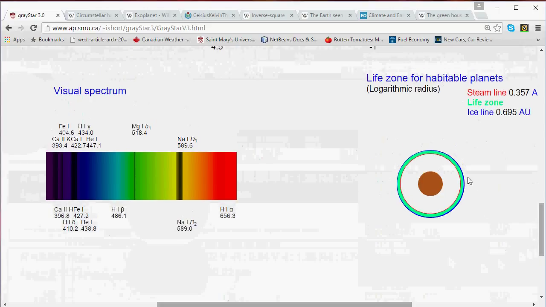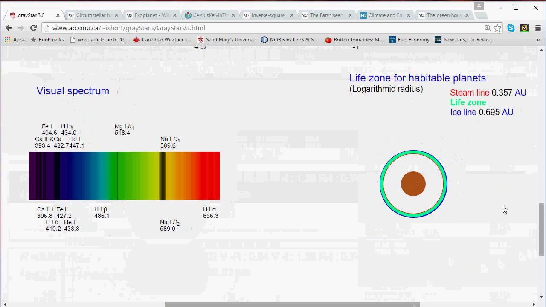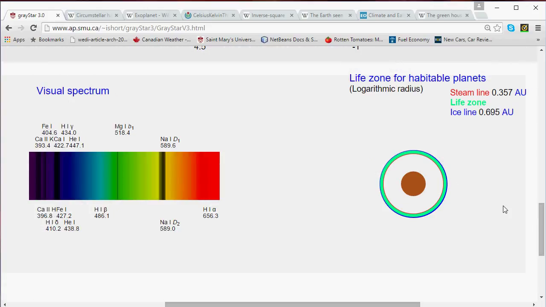And again, it might be a bit difficult just to eyeball it from the diagram, but you can see from these printed results here that indeed the circumstellar habitable zone has now moved in closer to the star, that it's now spanning the range of distances from a little more than a third of an astronomical unit to about 0.7 astronomical units. And of course, again, that makes sense.